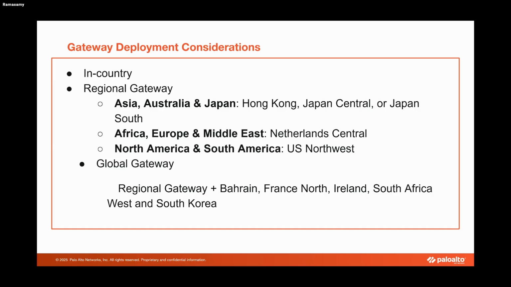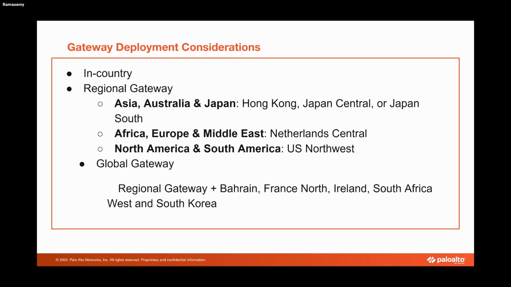If there is no regional gateway available for some reason, then GlobalProtect will connect the user to a global or global fallback gateway. For example, a user in Singapore: if you don't have an in-country gateway, which means you don't have a gateway onboarded in Singapore, and you also haven't onboarded the regional gateways, which for Singapore are Asia, Australia, and Japan, the 3 locations: Hong Kong, Japan Central, or Japan South.